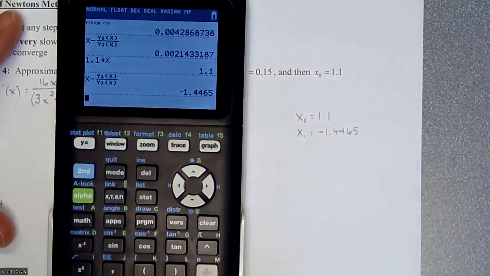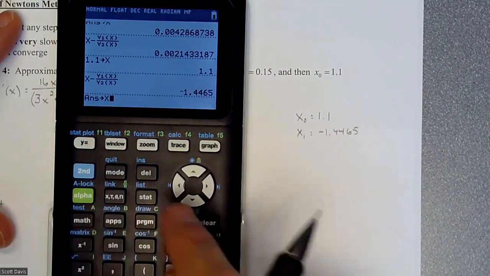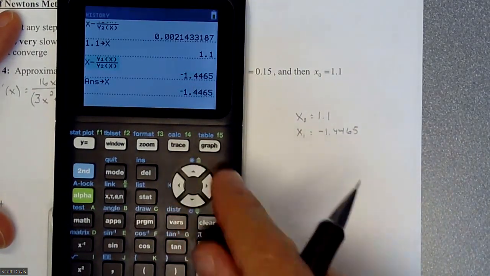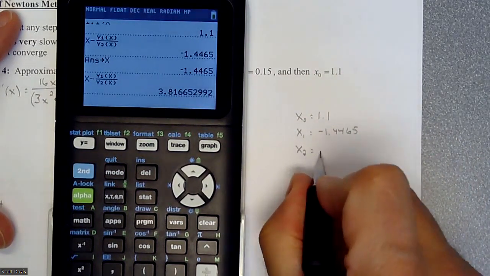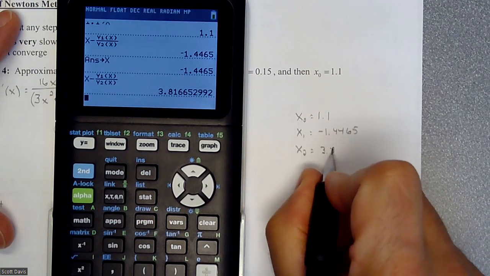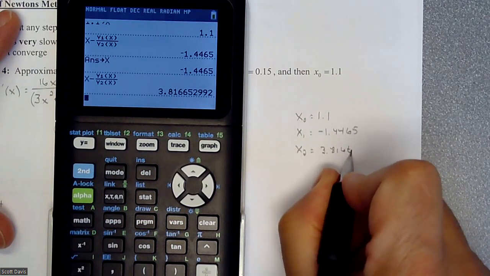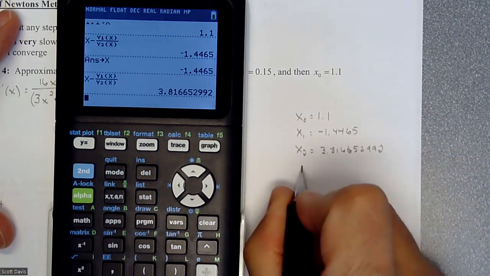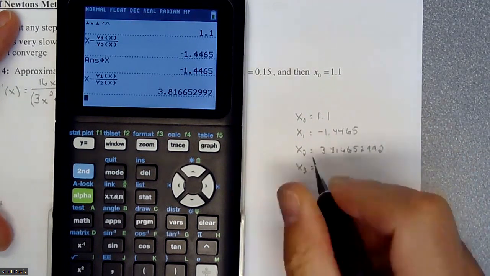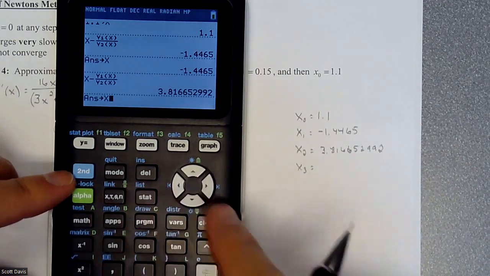We'll store that as x. Let it do its thing. So x2 equals 3.816652992. And then we'll store that as x.